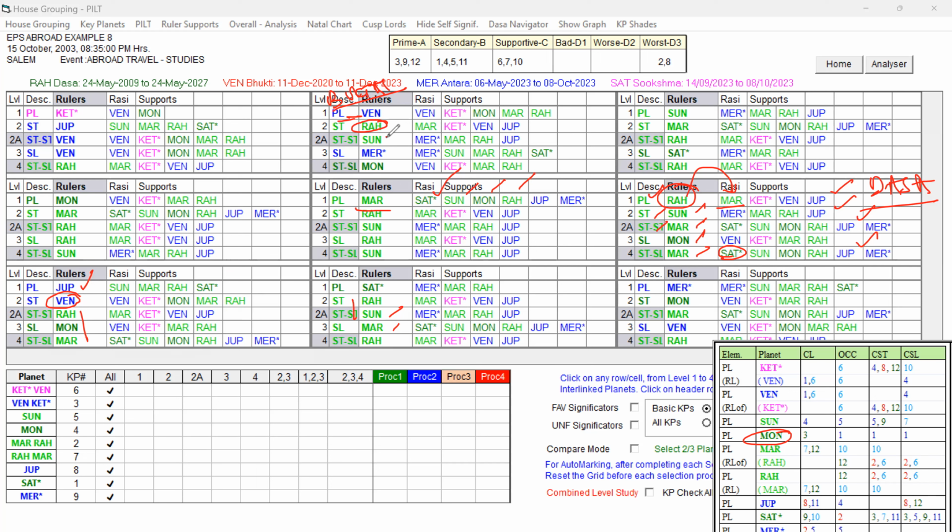Rahu is the star lord and the star lord of the star lord is Sun. And that Sun has come, Rahu has come, and Mars, the second planet, has come. And what else? Moon is also present at the last level. Moon is also playing a role. The Dasa Lord's key planets Rahu, Mars, Moon, all have come, and Sun is also playing a role here, right?